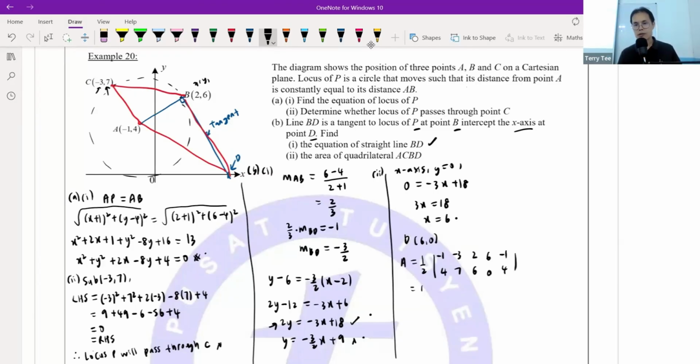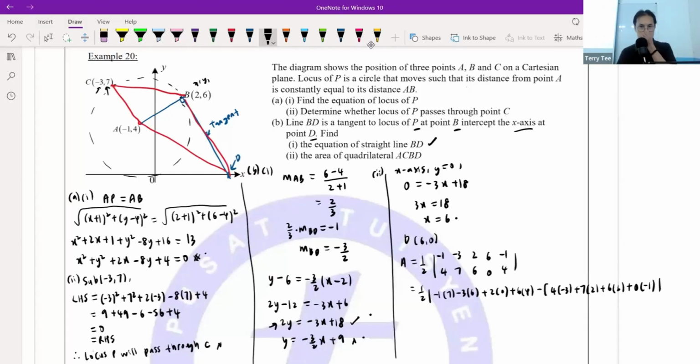Okay, I just want to avoid problems, so I'm going to write all this out for you. So this is 6 times 4 minus 4 times minus 3, 7 times 2, 6 times 6, 0, negative 1.